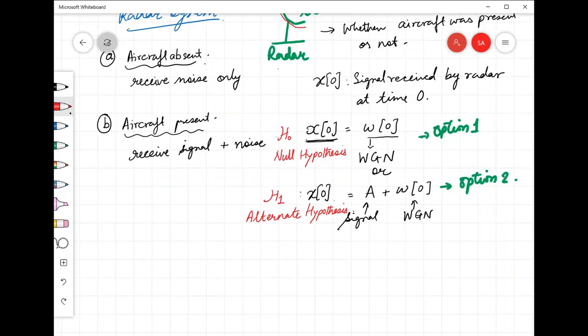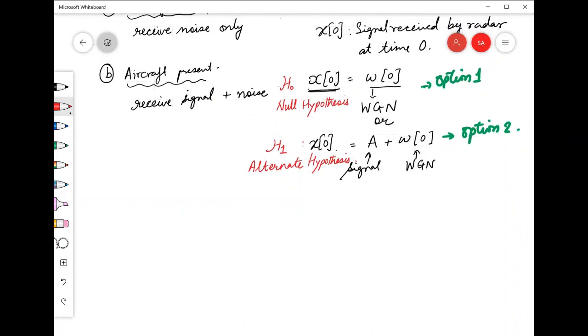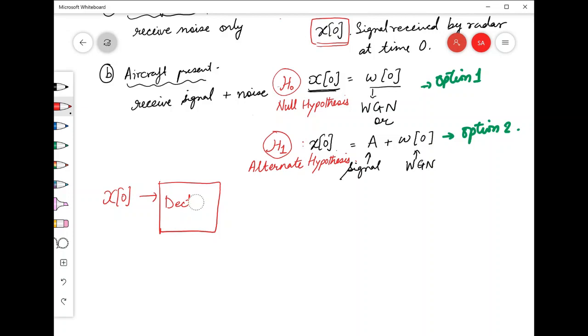Our job is to figure out which hypothesis is correct depending on the signal received. So x0 is the input to my detector, and the output is either H0 is correct or H1 is correct. This is the job of my detector.